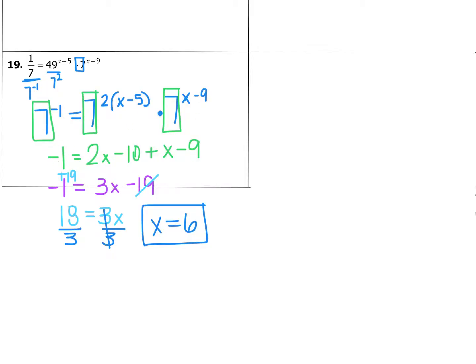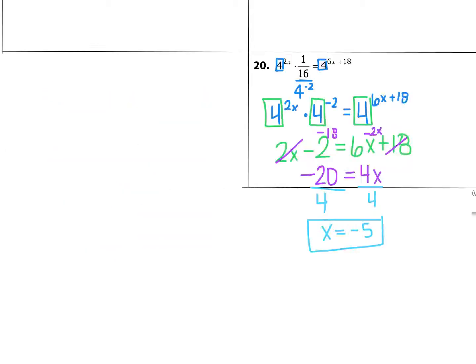So negative 1, 2x minus 10, and then x minus 9, and because these bases are being multiplied, I just add the exponents. So I have a simple equation where I combine my like terms, and then solve, and I get x equals 6.